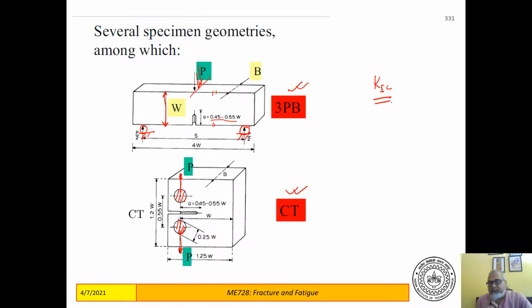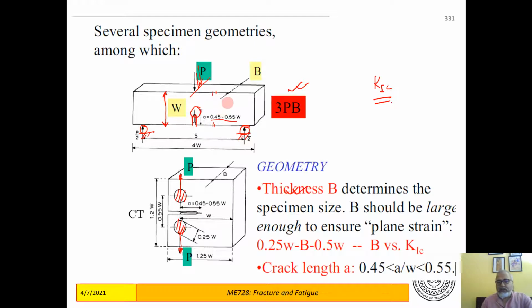You have to make these specimens, and then the question arises, how do I get this sharp crack? To get this sharp crack, we first cut a notch, which is easy to cut. You have special notch cutters with which you can cut a notch, and then we cycle this through what is known as a pre-cracking procedure.